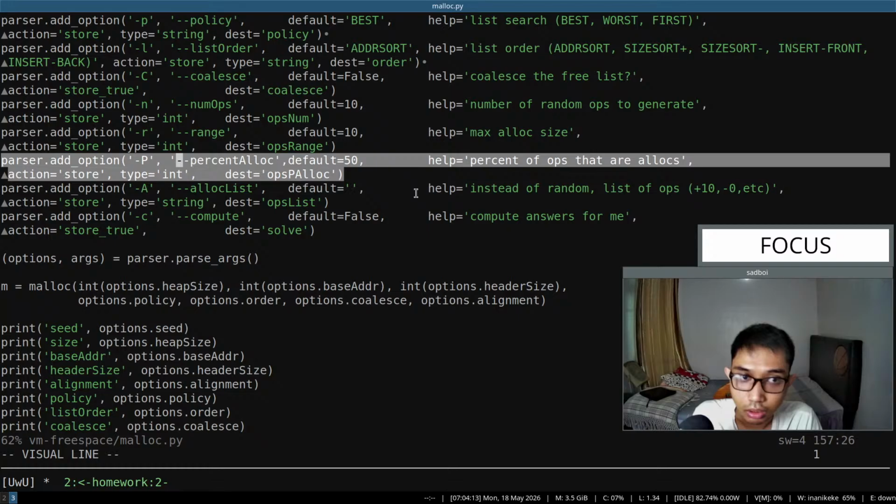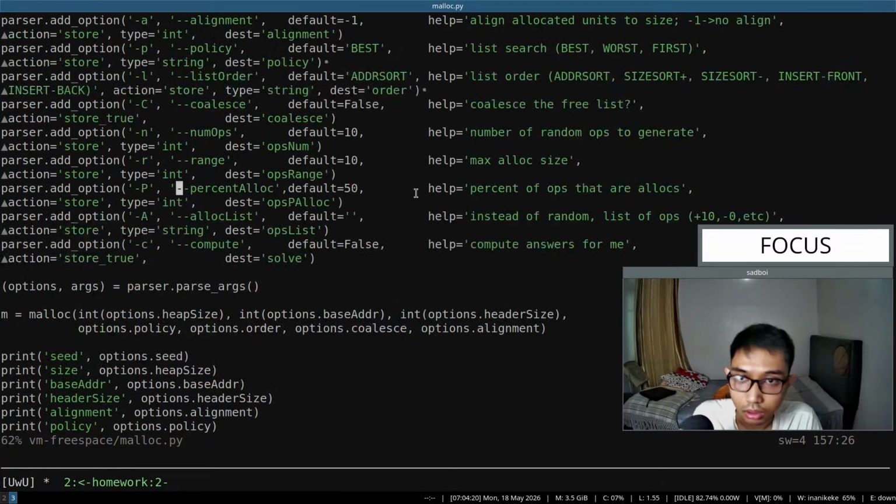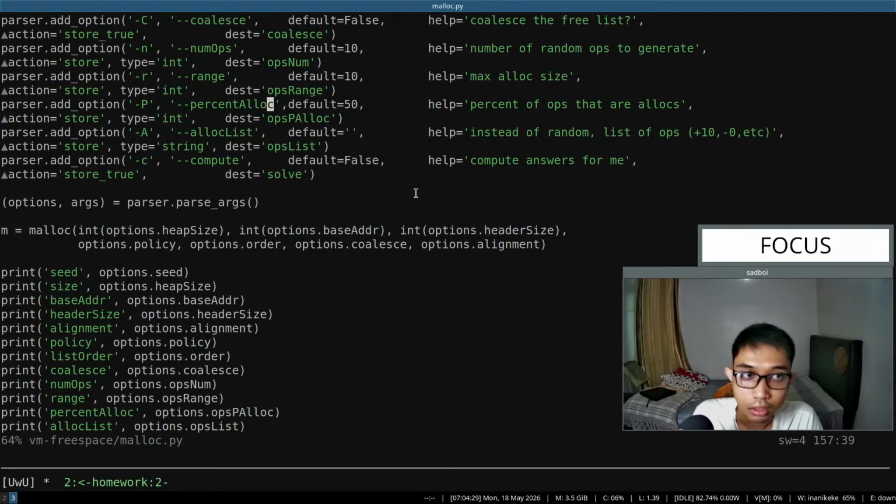Okay, percent of ops that are allocate. Okay, percentage of allocation operations, maybe something like that. Unlock list.